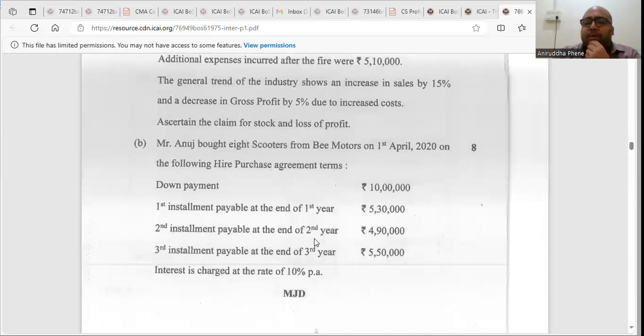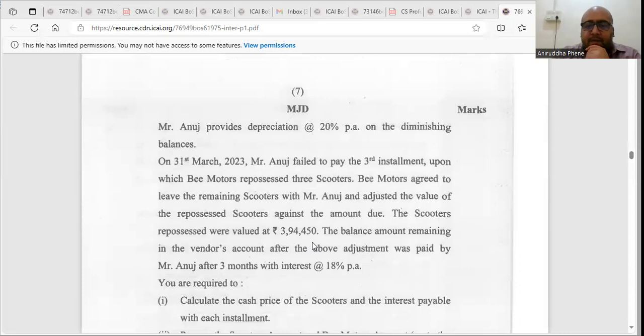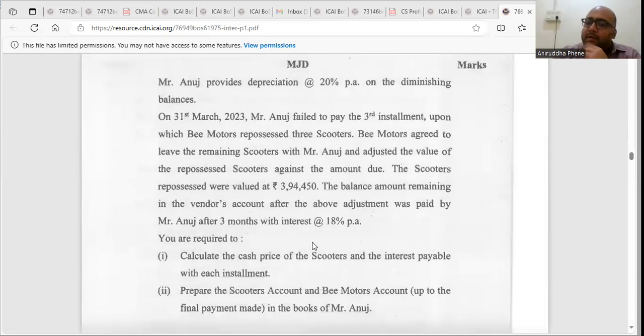B part for 8 marks is hire purchase. They have given down payment and installments. Interest is given, depreciation rate is given, cash price you have to calculate. I think those who have studied study material properly, they would be able to clear this.